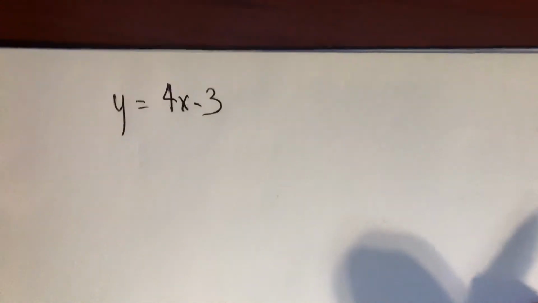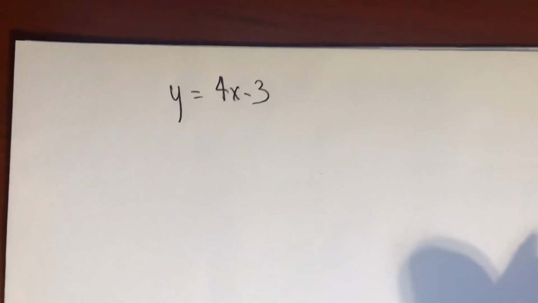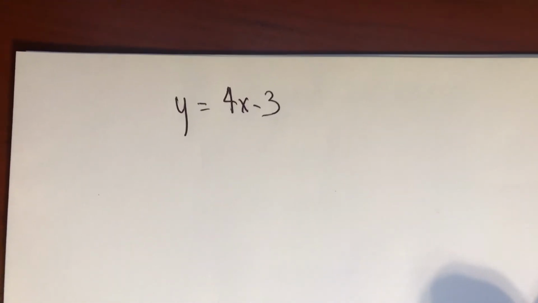Now, if you've got a rectangular equation, for example, y equals 4x minus 3, and you want to take a rectangular equation and you want to make it into a parametric equation, that is extremely simple.